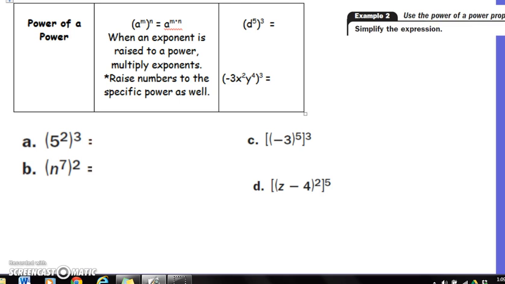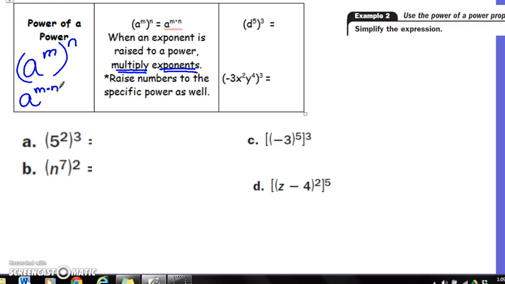All right, page 2. This is a power to a power. So what that means is you're going to have a base to some power, and everything is going to be raised to a different power. So A is your base, M is an exponent, that whole thing is raised to another exponent N. This is a power to a power, and here you multiply your exponents. So the answer here is A to the M times N. And M and N are going to be numbers.